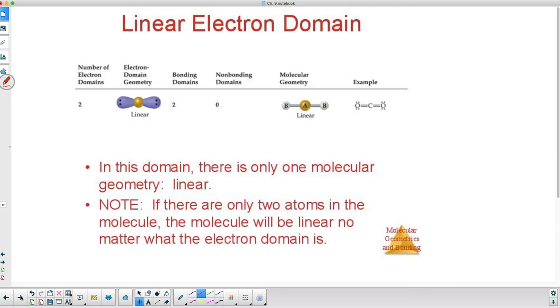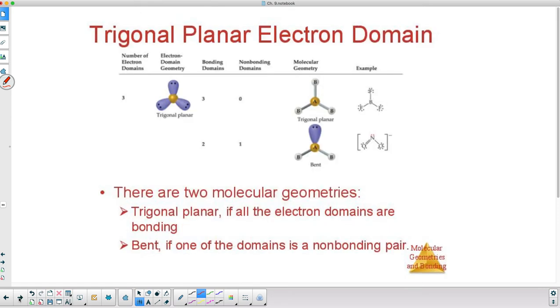So there's a part of the book that has all of this, the whole charts for linear, trigonal planar, and tetrahedral, so 2, 3, and 4. And then it gets on to the other ones. There's trigonal planar.